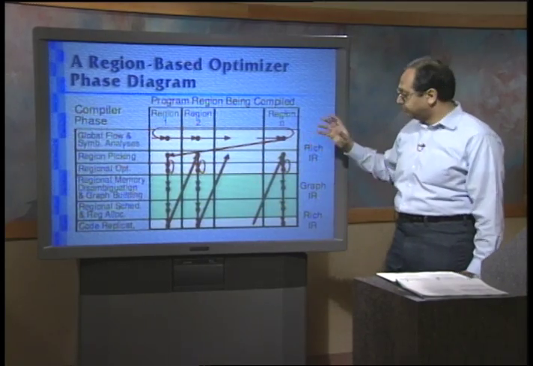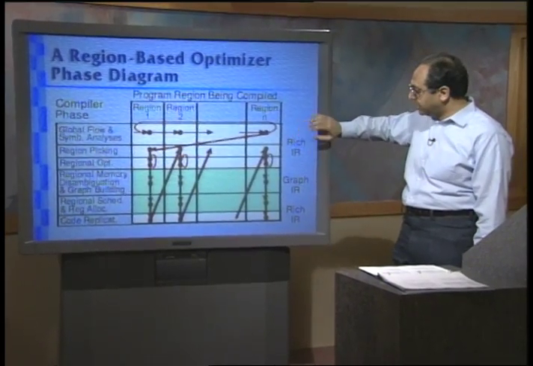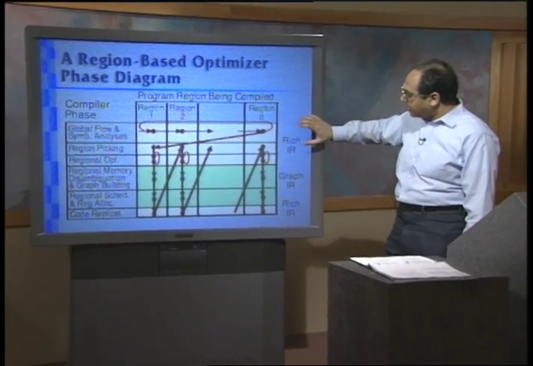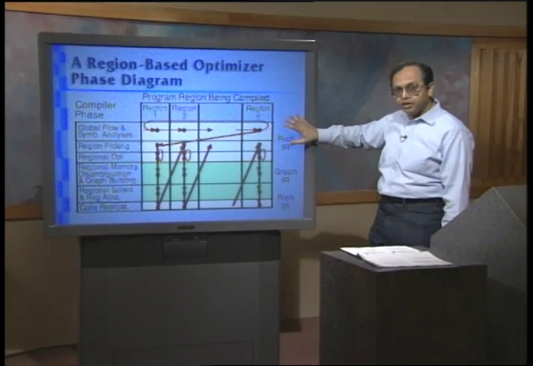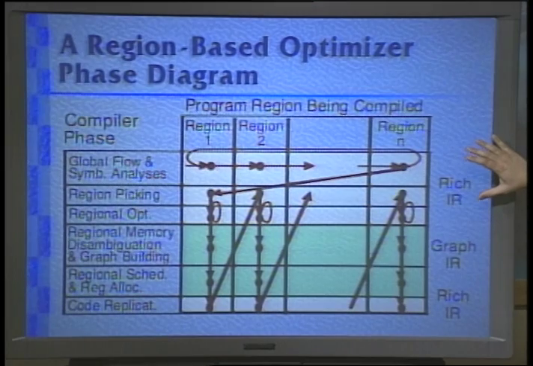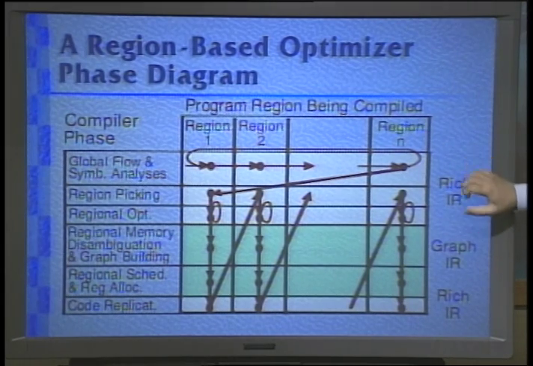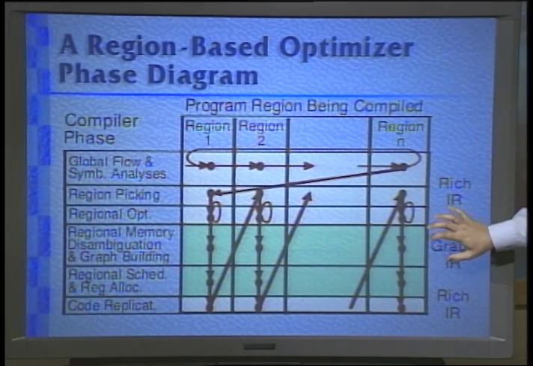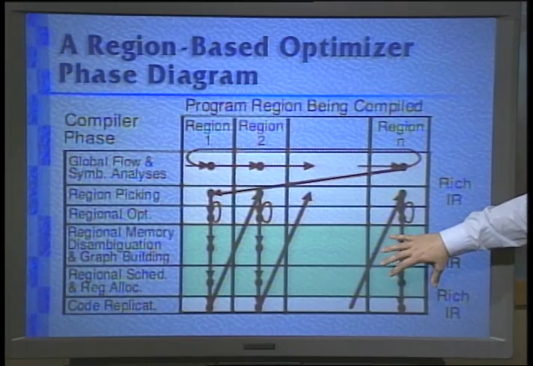This is not clear, and it's again a matter that is being researched right now. However, assuming it's workable, we will need an IR over here that is somewhat richer than the standard n-tuple IR to be able to embed all this information in it. And we'll need the graph IR, which is restricted once again to just one region at a time.